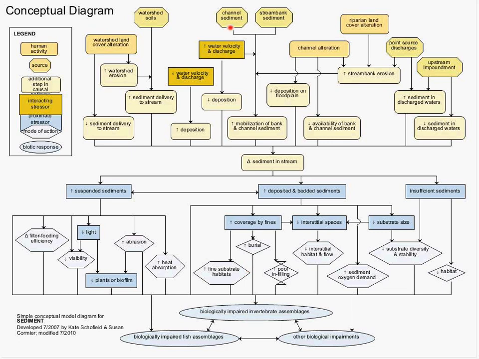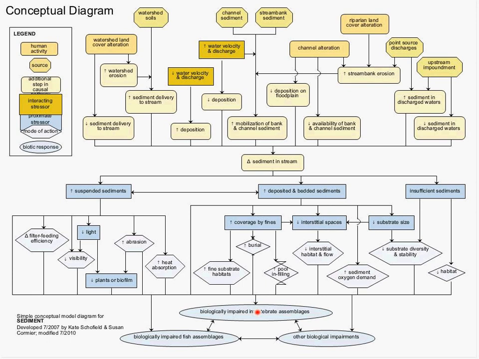And so if you look at channel sediment up here, it is the human activity, and channel sediment increases the mobilization of bank and channel sediment, which increases the sediment in the stream, which increases deposited embedded sediments, which decreases interstitial spaces, which decreases interstitial habitat flow, which could lead to a biological impairment.